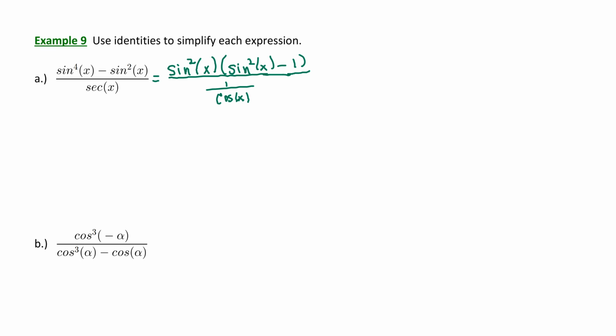Notice in our second factor, sine squared of x minus 1, we have the combination of the square of a trig function and 1. Remember, when that happens, think of your Pythagorean identities. Now, we know the fundamental Pythagorean identity is sine squared of x plus cosine squared of x equals 1.